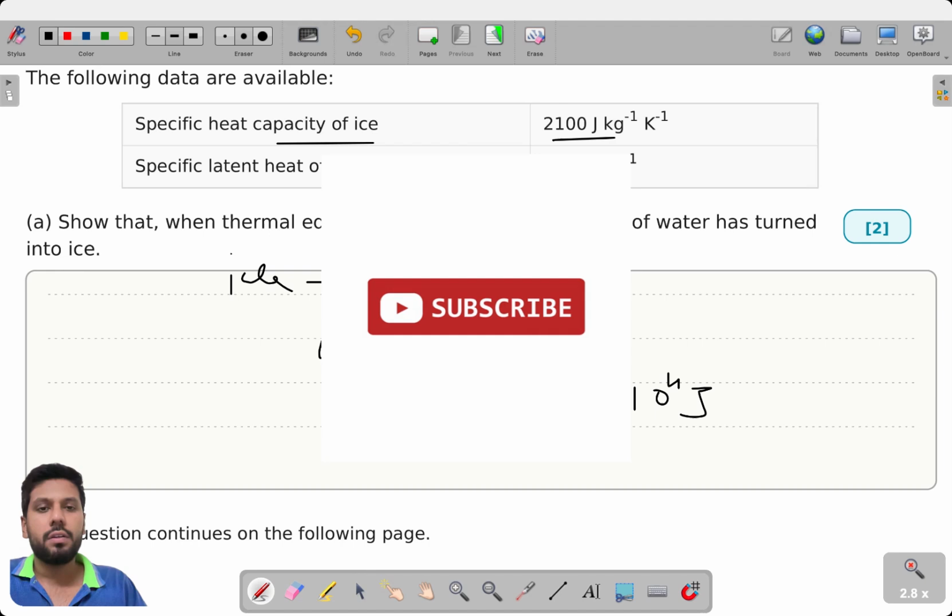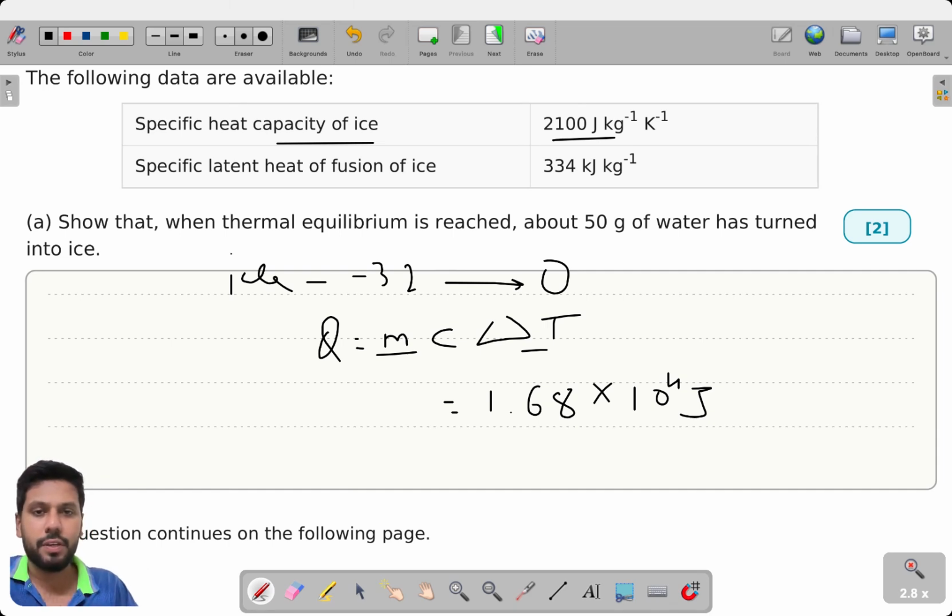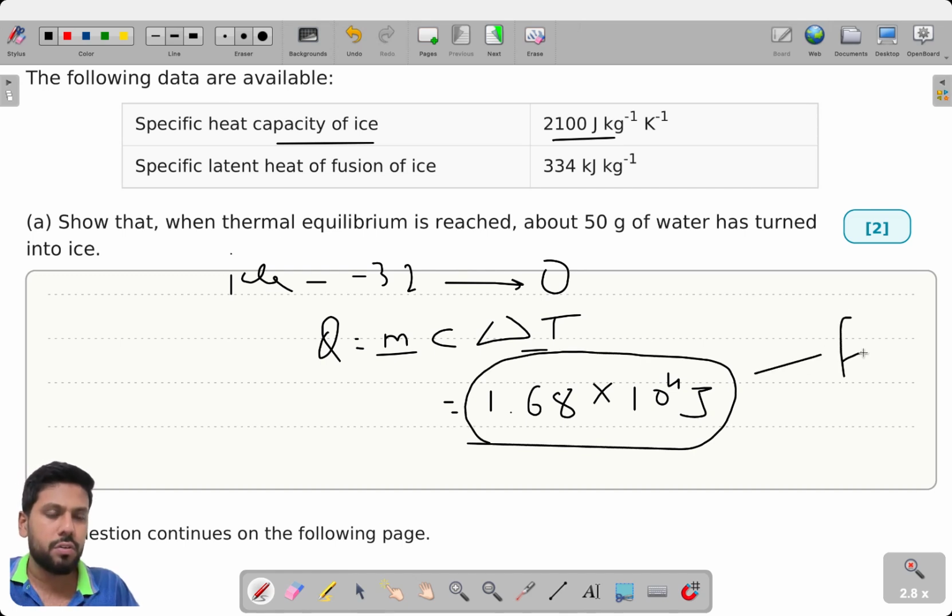Now I will use the latent heat released by the freezing water. Understand one thing, water is freezing to ice. When the freezing process is happening, latent heat comes into the picture. This energy is used to warm the ice, so who gave this energy? The freezing water gave this energy.